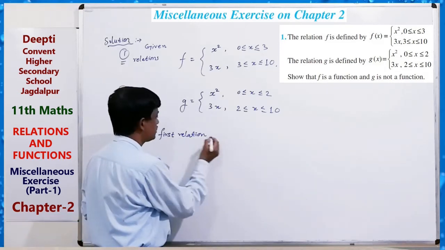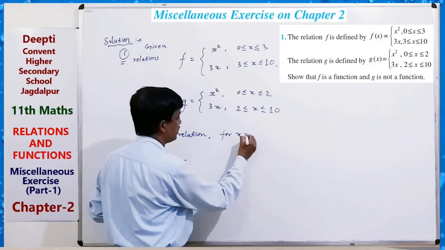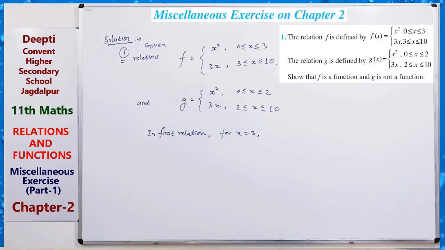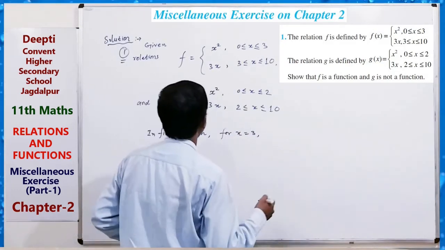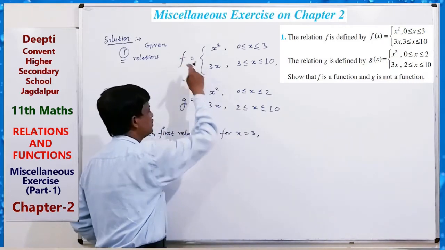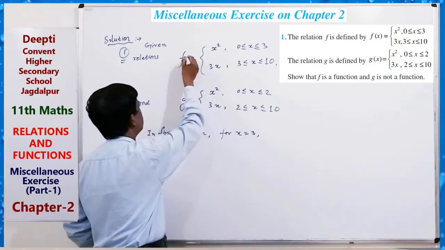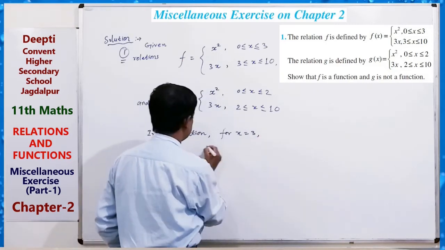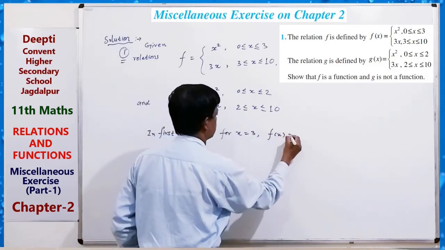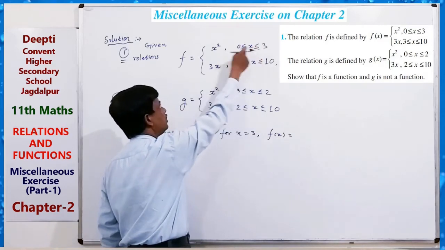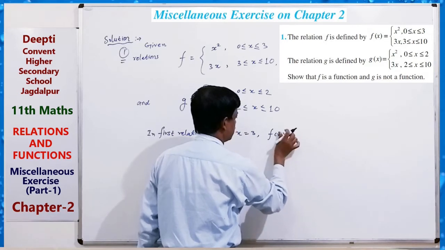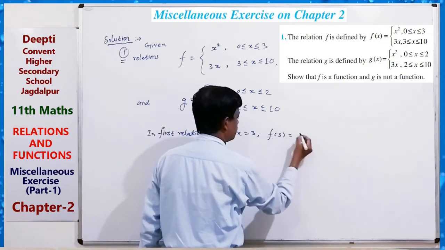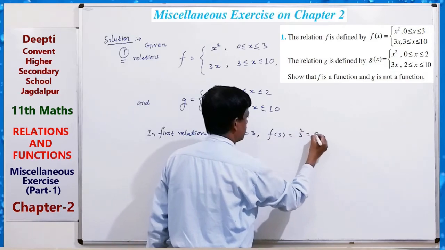So here, in the first relation, for x equal to 3, we see that f(x), x equals 3, x square means f(3) equals 3 square equals 9.